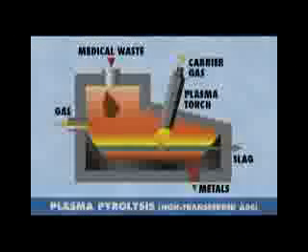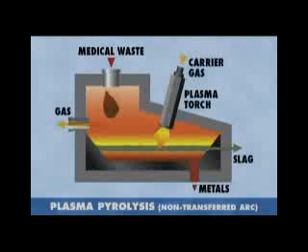A second method, called a non-transferred plasma, uses a plasma arc torch, wherein the current flows between two electrodes contained within the torch, with a carrier gas flowing between them and becoming ionized to create the plasma. In either case, the plasma that is formed reaches temperatures of up to several thousand degrees.